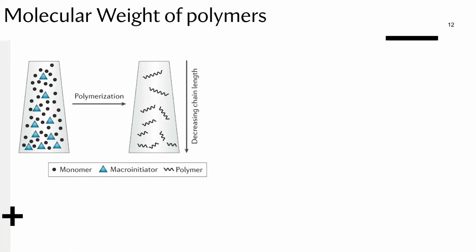So first of all, what is a molecular weight? It is the weight per mole of this species. Now, what is a mole? It's a certain number, 6.022 times 10 to the 23, of a particular thing. So if that thing is this particular polymer, that would be 1 mole of your polymer.